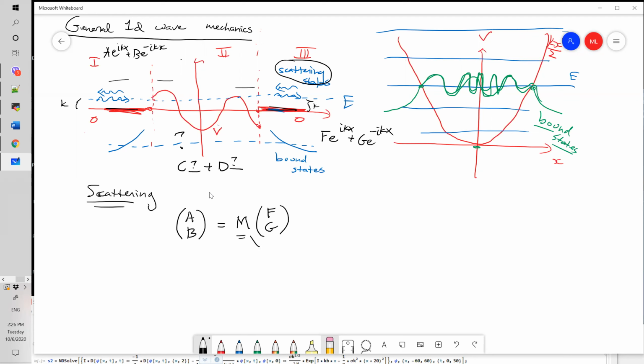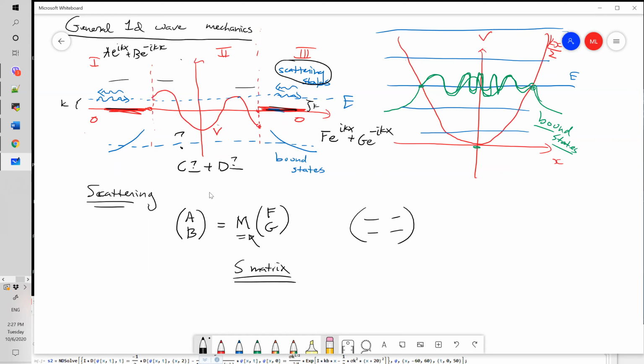And I should be able to work out what M is. It should be some 2 by 2 matrix of coefficients that will depend on the potential. And I should be able to map out how to get from F and G to A and B. And that's what we'll do next time, is figure this out. And this will be related to something called the S matrix, which we'll spend a lot of time thinking about in the second semester.